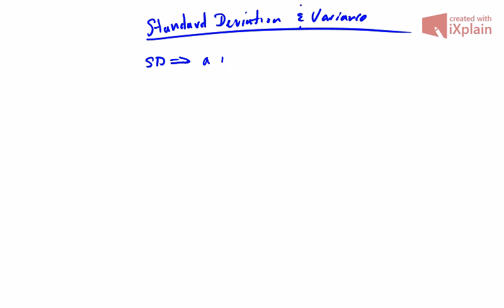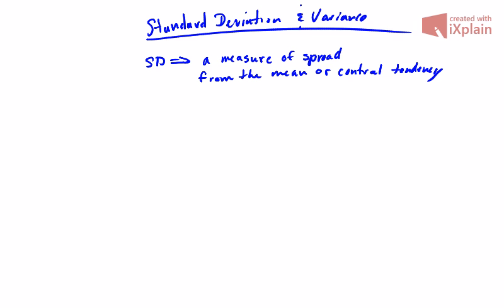It's a measure of spread from the overall mean of the data set. So it's a measure of spread from the mean or central tendency of your data set.